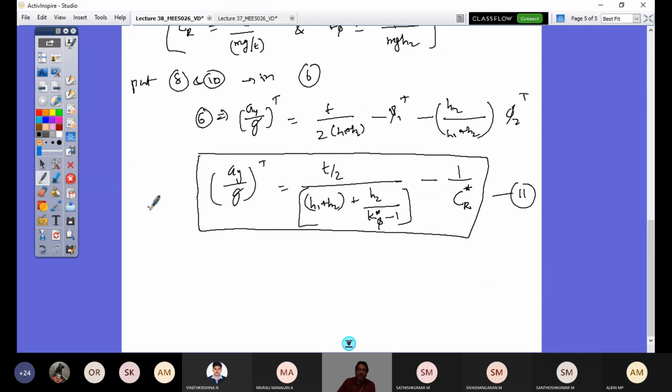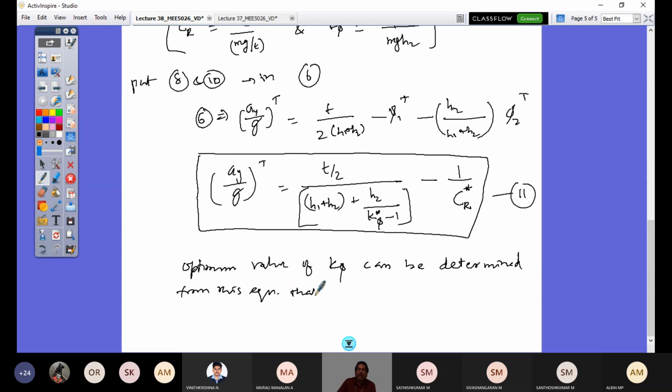That comes from the suspension design, right? So the optimum value of k phi can be determined from this equation that accounts for suspension design.